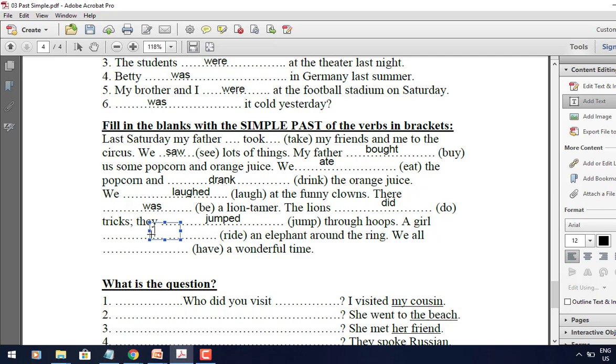A girl rode an elephant around the ring. We all had a wonderful time. So this way we use the past form of the irregular verbs. There is a PowerPoint presentation attached to the lesson that includes some of the irregular verbs in the past form.